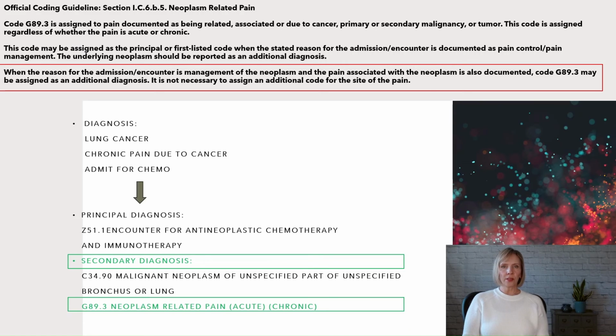There is no need to assign an extra code for the specific site of the pain because the site of the cancer indicates the site of the pain. For example, for a patient with a diagnosis of lung cancer with chronic pain who is admitted for chemotherapy, the neoplasm-related pain would be assigned as a secondary diagnosis along with the code for the malignancy itself.